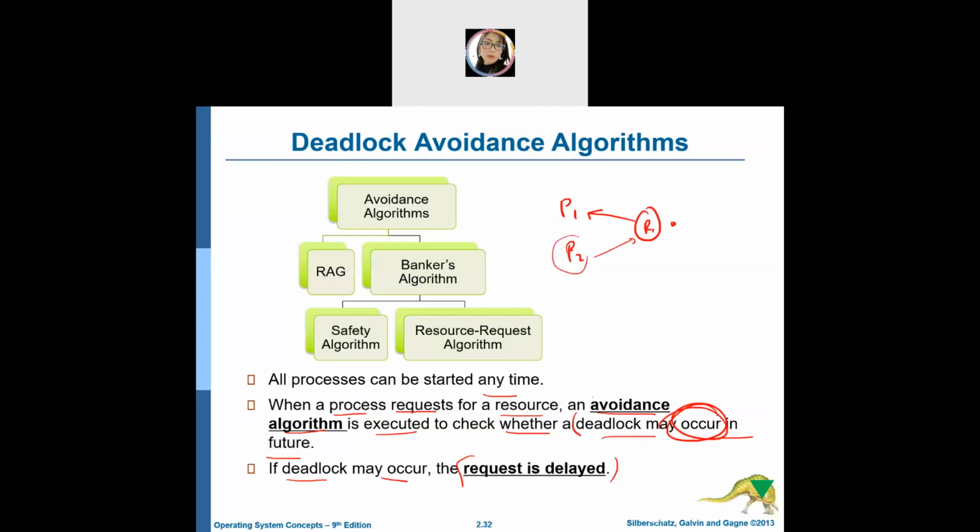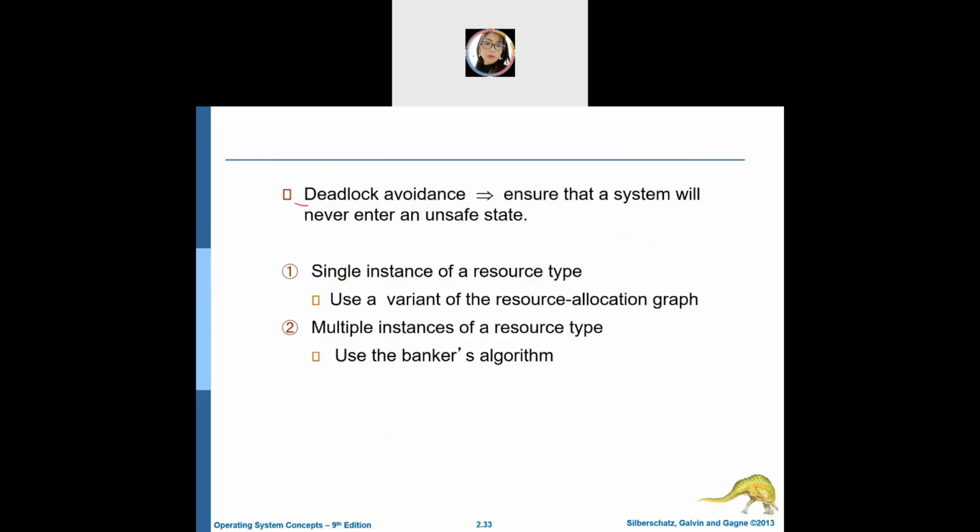That's why you're going to have an avoidance algorithm. Don't give any permission, or if there is a request, it's going to be delayed. So when P2 requests at a similar time, this request is delayed. Then it's not going to have a deadlock. Deadlock avoidance ensures that the system will never enter an unsafe state.